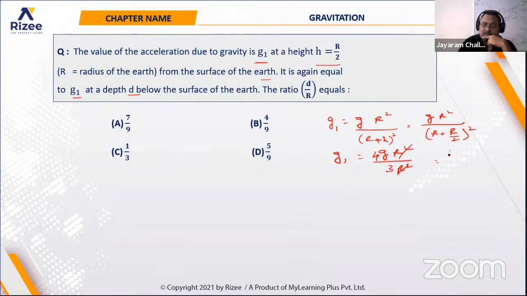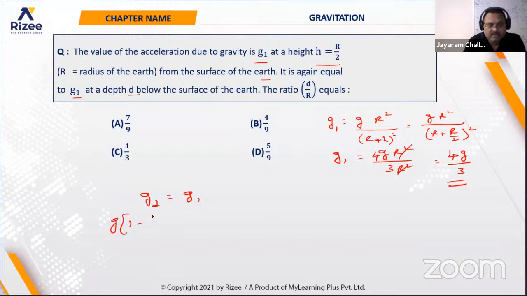Cancelling these, it is 4g by 9. This value is equal to the value at a certain depth, which I'll take as gd is equal to g1. The gd formula is g into 1 minus d by R, and the value of g1 we have got is 4g by 9.